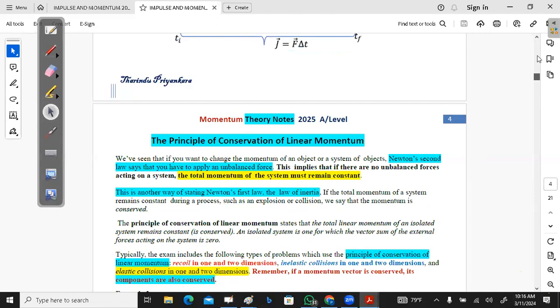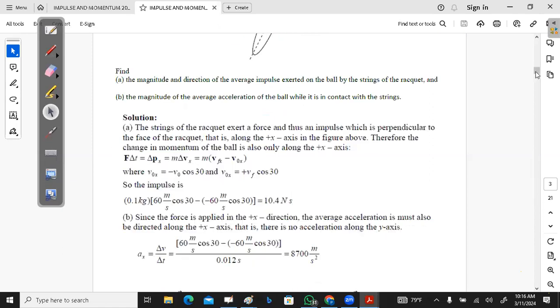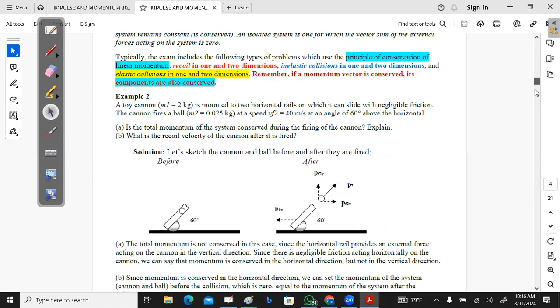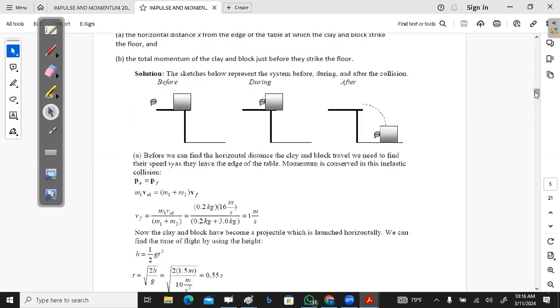So there is all the theory you want, and there is some kind of hard theory.